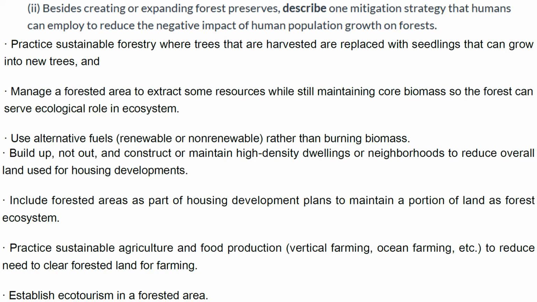Let's take a look at the strategies to mitigate clear cut. We're going to concentrate on build up, not out, and construct or maintain high density dwellings or neighborhoods to reduce overall land use for housing developments. Let's see how a student uses that idea in their response.